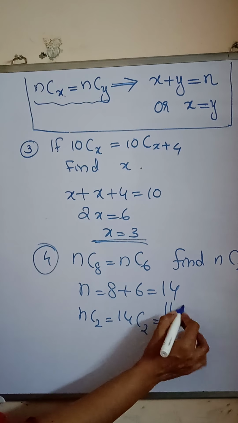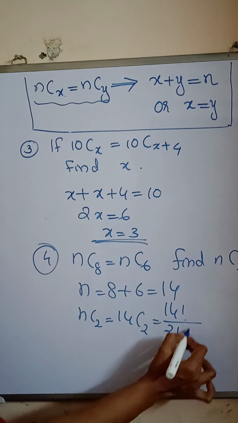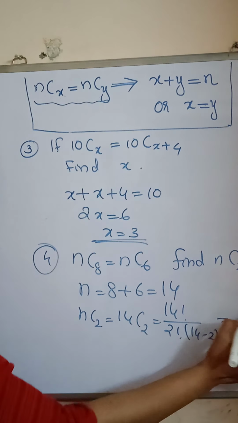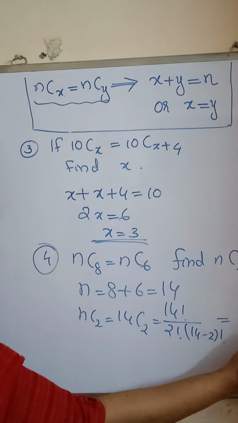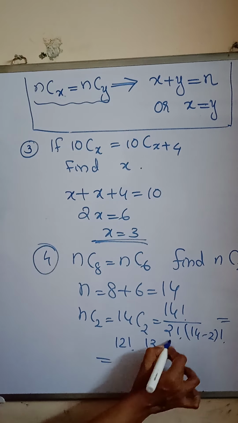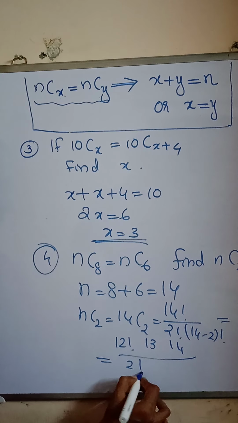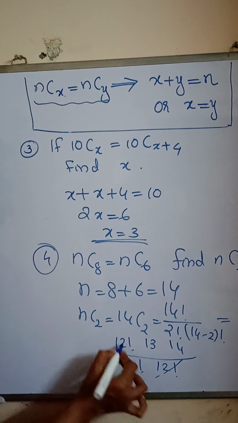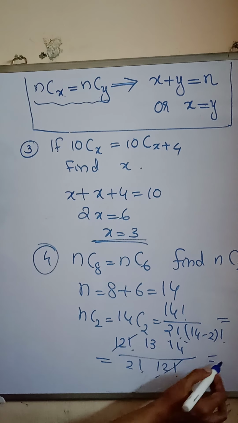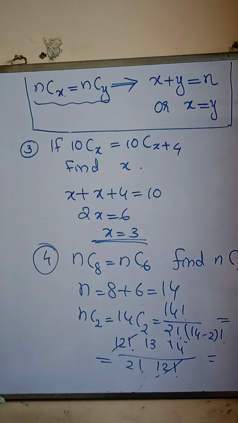That is 14 factorial divided by 2 factorial into (14 minus 2) factorial, that is 14 factorial divided by 2 factorial into 12 factorial. 14 factorial is 12 factorial into 13 into 14, divided by 2 factorial into 12 factorial. 12 factorial cancels.